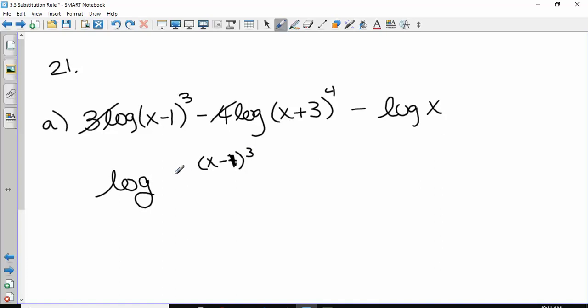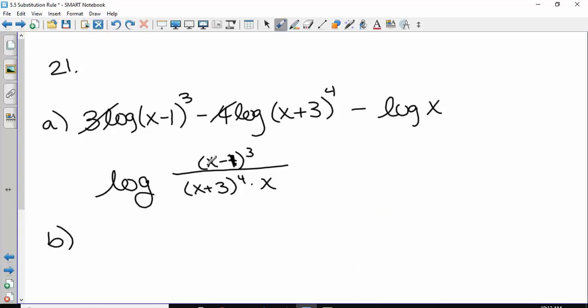Both of these were subtracted, so they both go on the bottom. And it doesn't matter if you put the x in front of that parenthesis, either one is fine. You could write it as this and then divided by x, it's just uglier. Basically, if there are multiple things subtracted, just put all of them on the denominator.